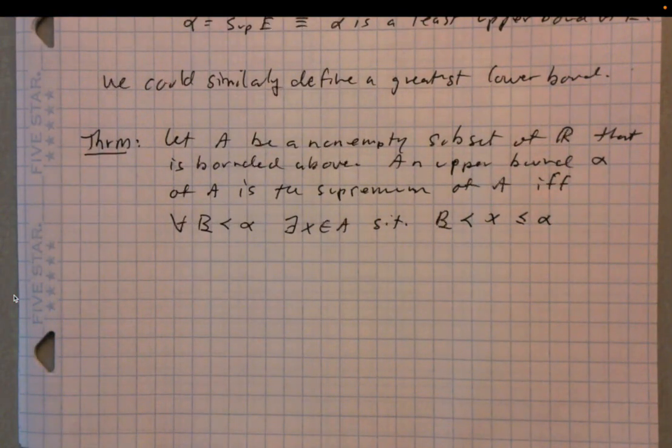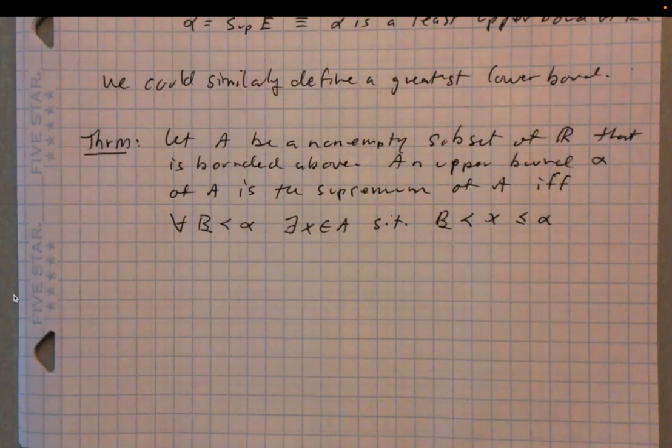So let A be a non-empty subset of R that is bounded above. An upper bound alpha of A is the supremum, the least upper bound of A, if and only if, for all beta less than alpha, you can find an element X in A that is between beta and alpha.